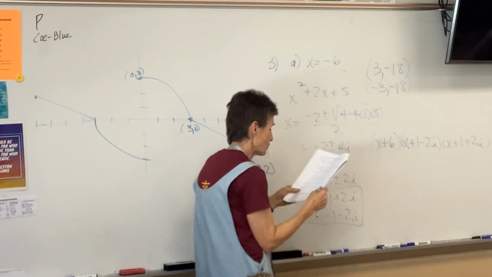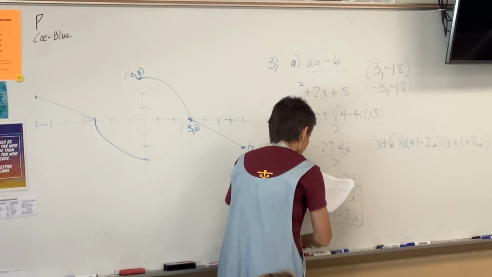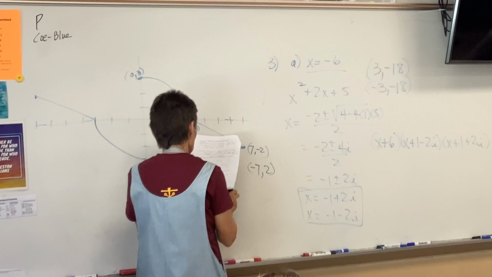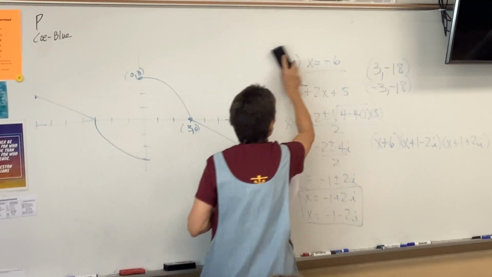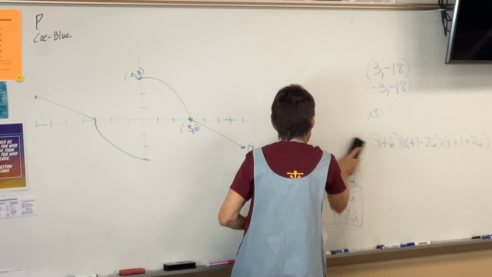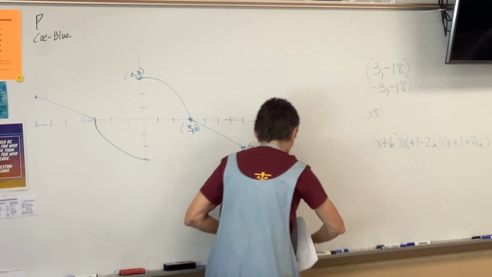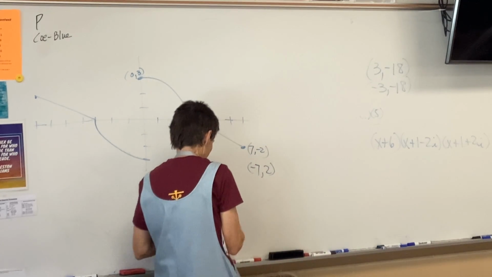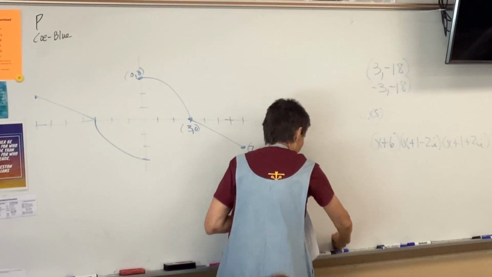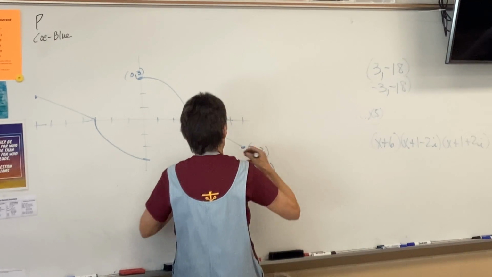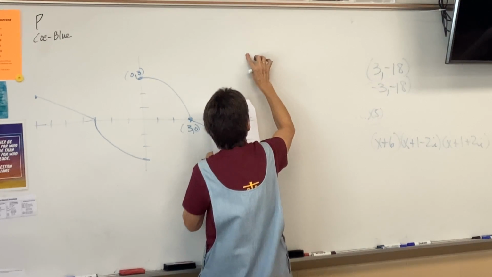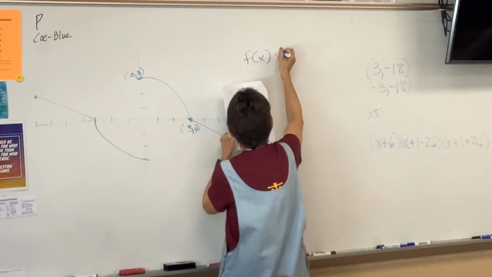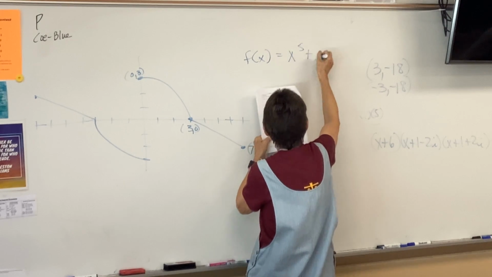Prove your answer algebraically. Is this thing even, odd, or neither? I bet you have a gut feeling. What's your gut feeling? Do you have one? Yeah, I think it's odd. How do we prove that algebraically?